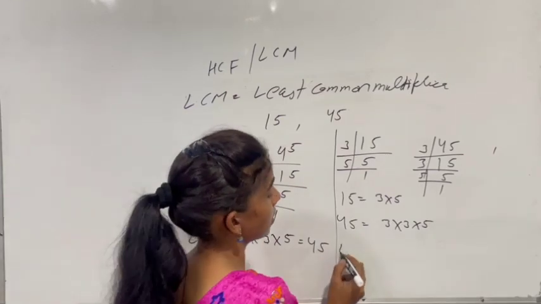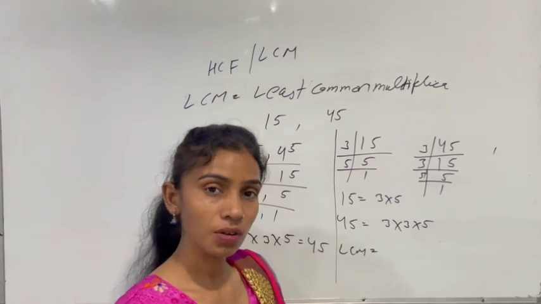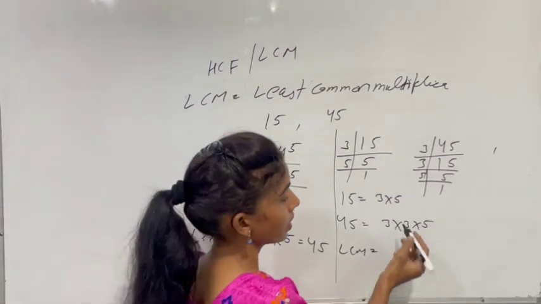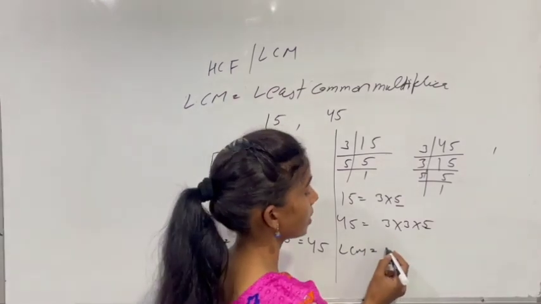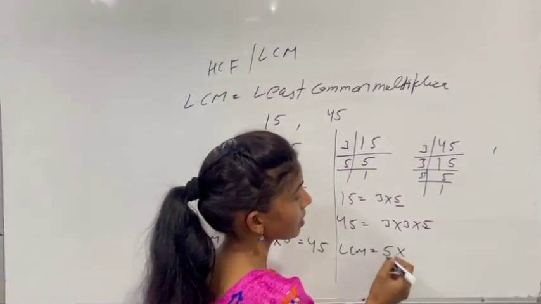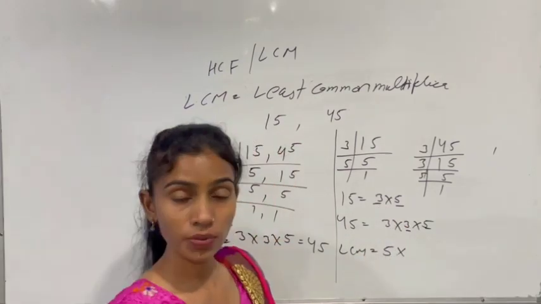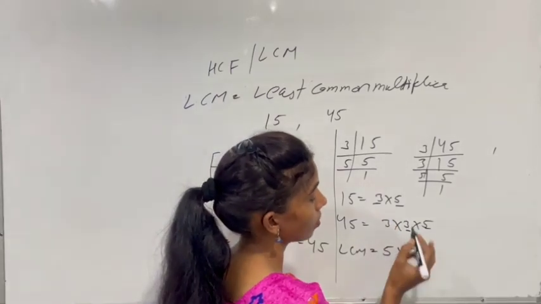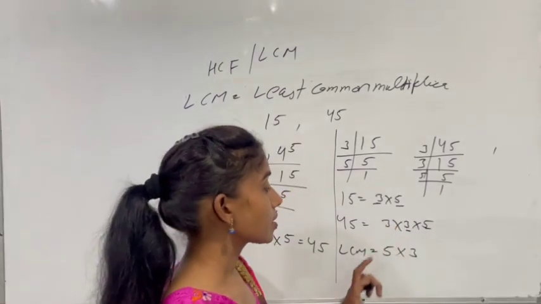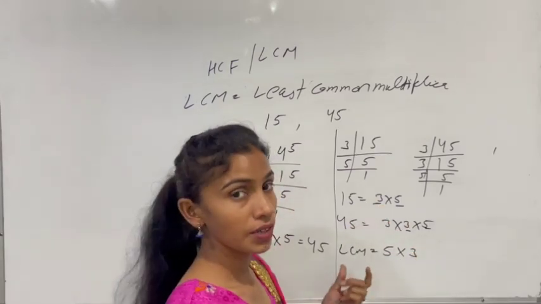For LCM, firstly we take the numbers that are common in both the factors. 5 is common in both the numbers, so write it only one time. Next, 3 is also common in both the factors, so we also write it only one time. Next, the number which is not common, we also take.